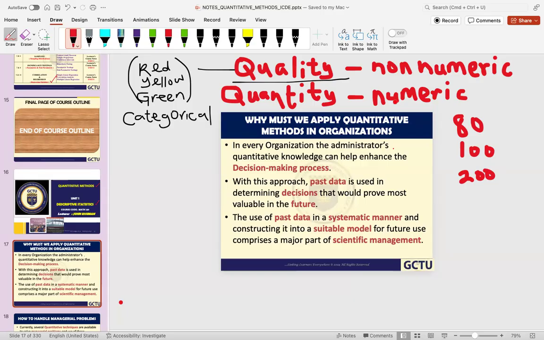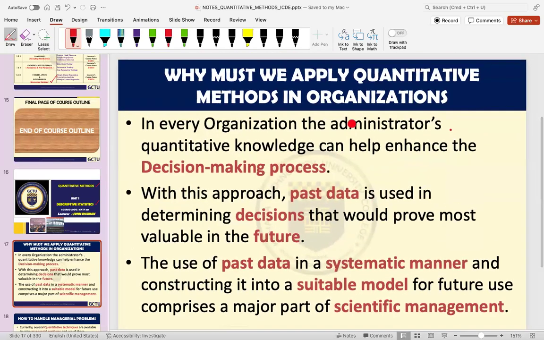Numbers are assigned, and so we look at their quantum and then we make our judgments. So quantitative methods presuppose that we are going to deal with numbers.